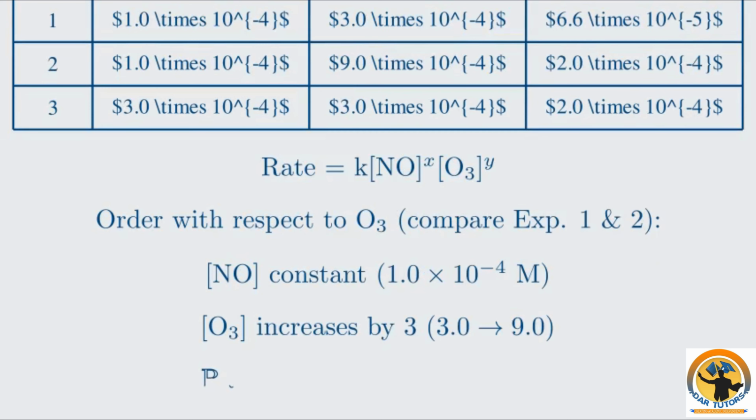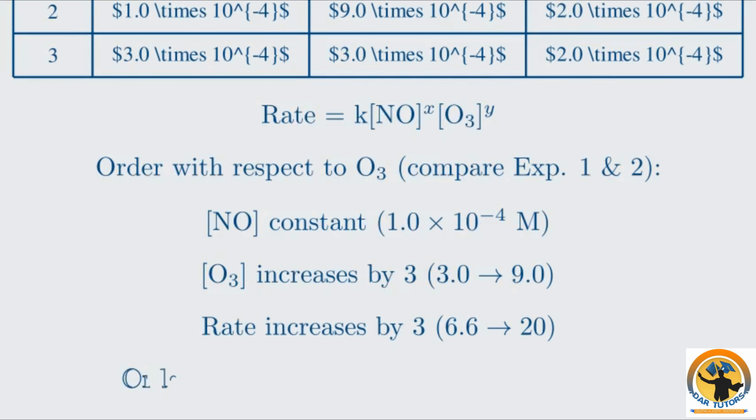The rate also triples from 6.6 × 10^-5 to 2.0 × 10^-4. A triple concentration gives a triple rate, so the reaction is first order with respect to O3.